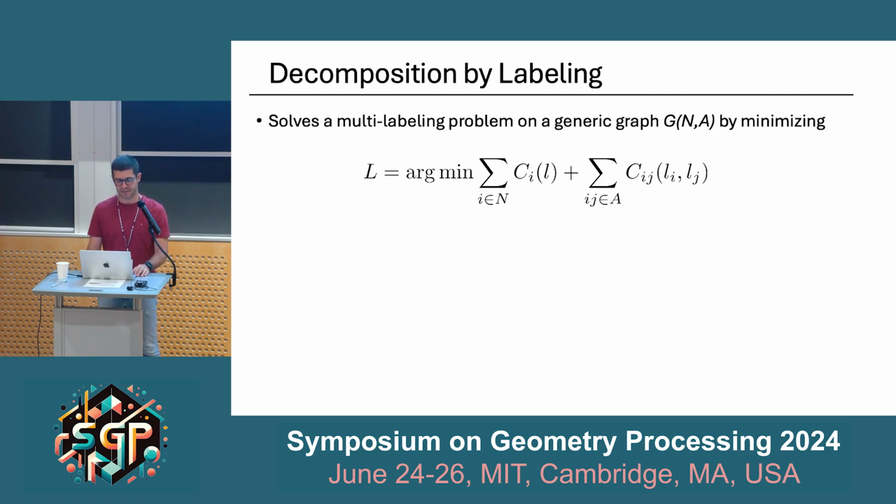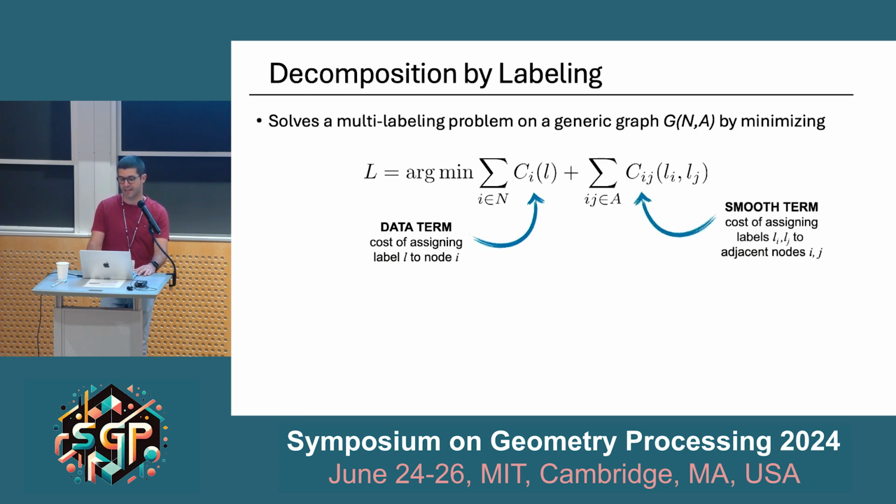Another alternative is to compute a decomposition by solving a labeling problem. In this case, you consider your mesh as being a graph, G, with nodes and arcs, and you want to typically minimize an energy which looks like this. You have a so-called data term, which is essentially the cost of assigning a label L to the node i of my graph, and you have a smooth term, which is the cost of assigning the label i and label j to two adjacent nodes in the graph, Ci and Cj.